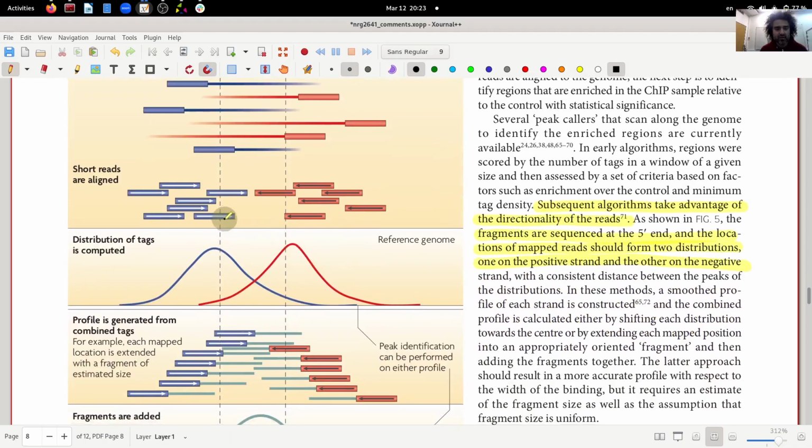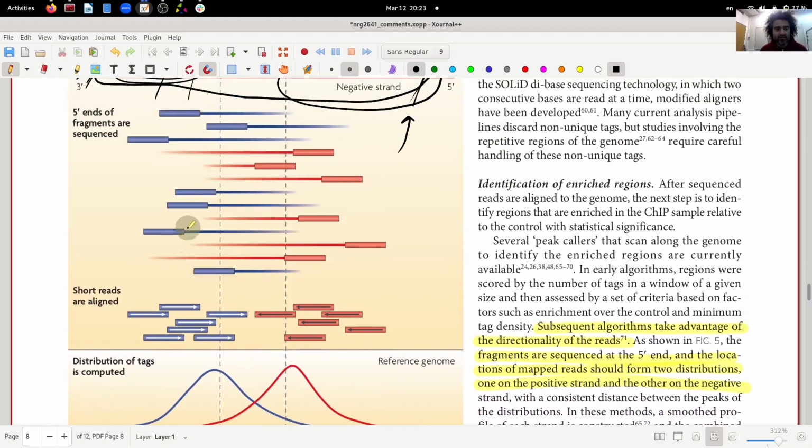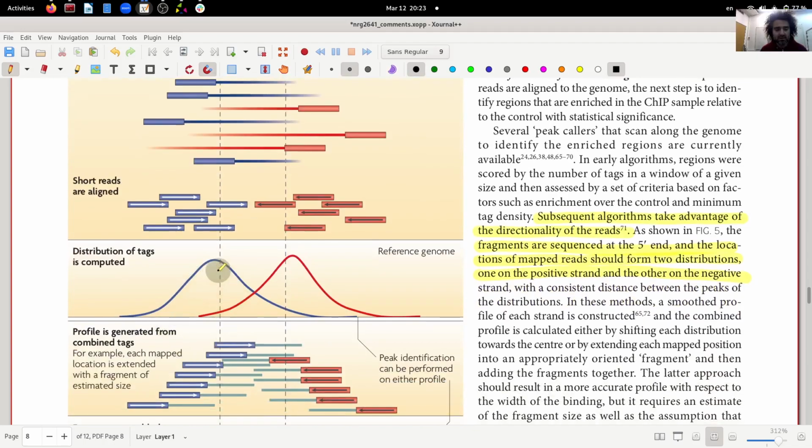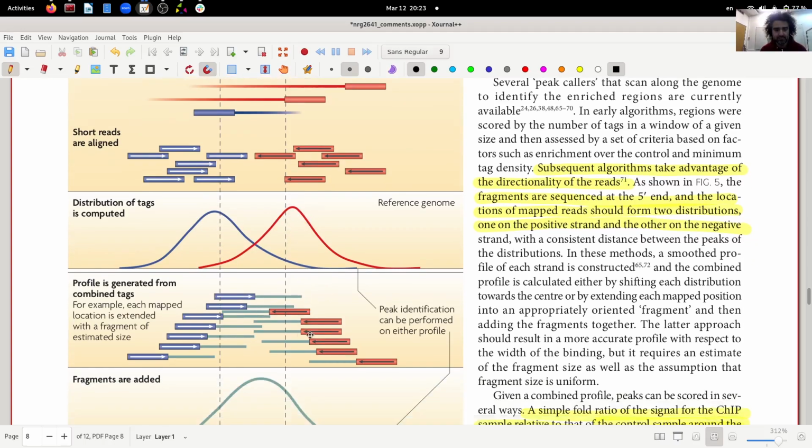Which means that if we see the distribution of reads that we have here and here, it will form something like that. So these are the reads on this side, and these are the reads on this side. We have more reads around here for the plus strand and more reads around here for the negative strand. Now this length should be approximately the same as the fragment size.